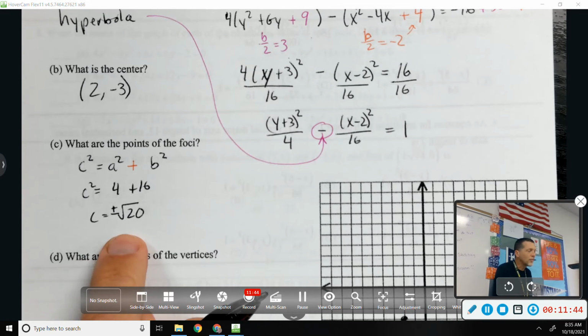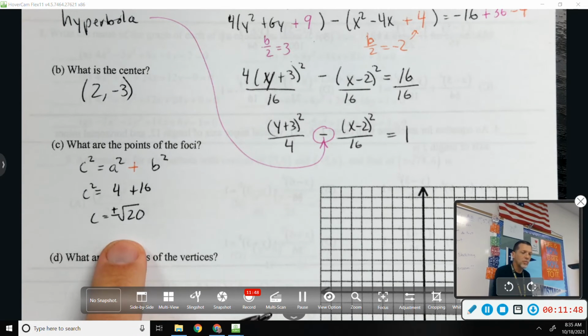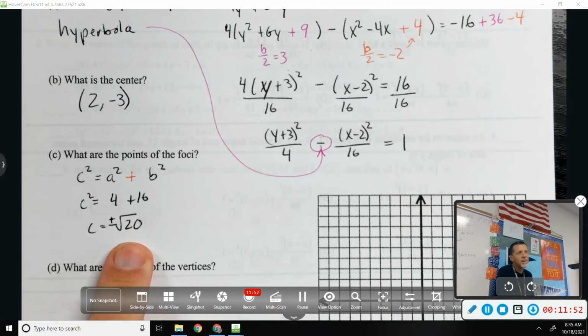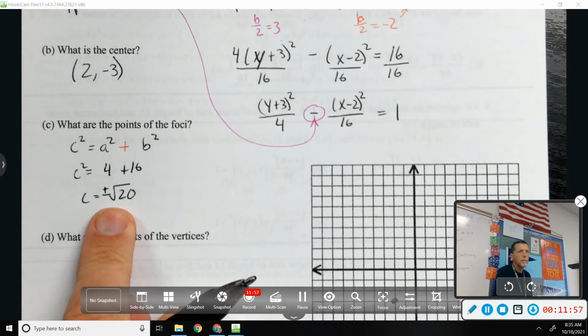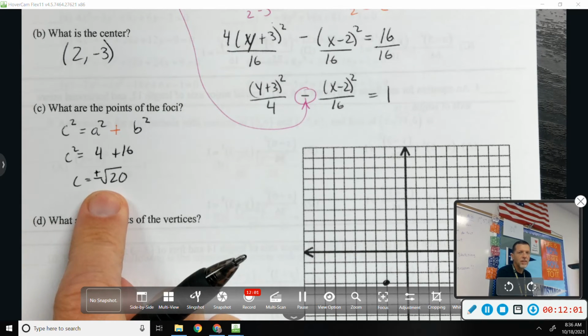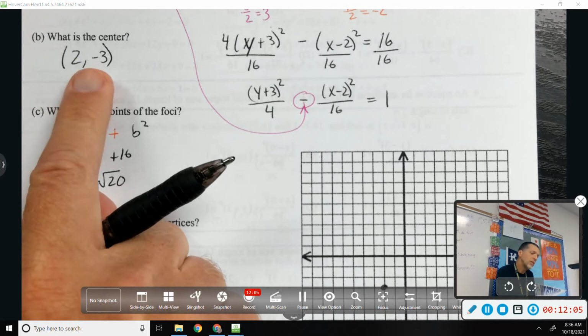But that's not the foci. Not a common mistake, but an occasional mistake: people remember that and say, aha, the foci is c equals square root of 20. No, that's how you get to the foci. The foci are points on the graph. The center is 2, -3. How do I get from the center to the foci?